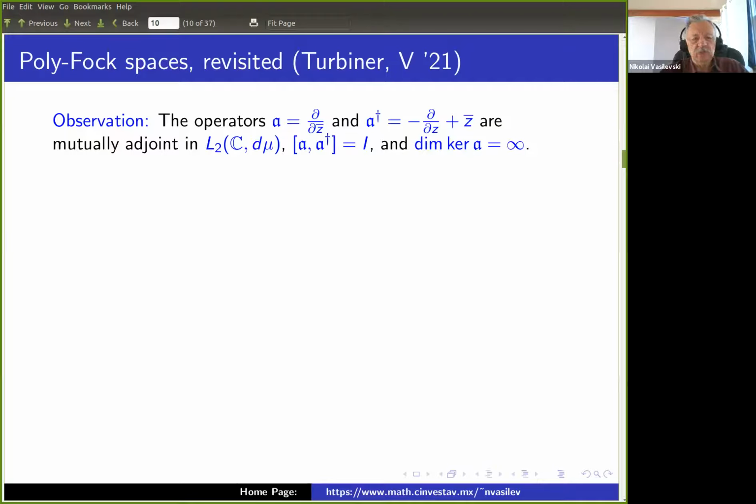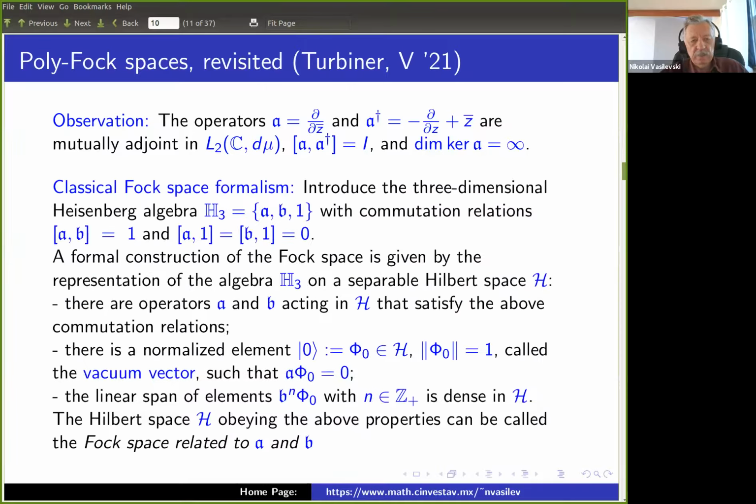Let us think first of a situation where we have two operators, A and B, which commute to identity. Let me recall in this connection the classical Fock space formalism. Let us consider the three-dimensional Heisenberg algebra H3, which is generated by three generators, A, B, and 1, obeying this commutation relation.